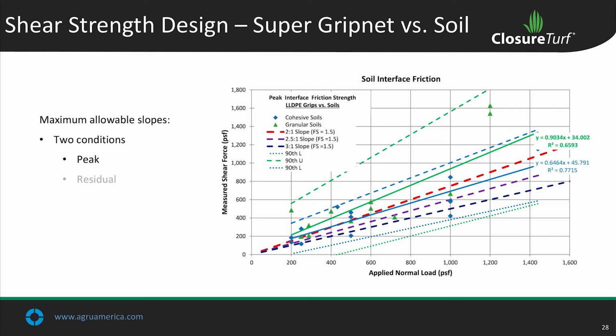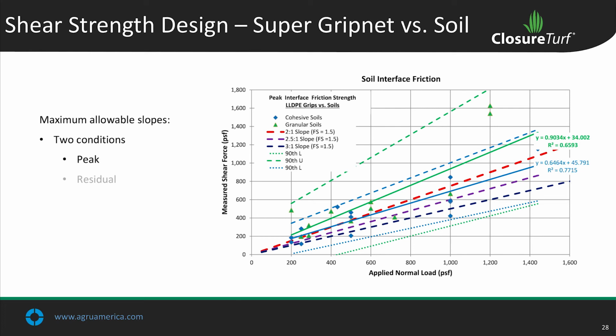Now, Super Gripnet versus soil. Again, we're going to talk peak and residual. What I've got shown here are data of Super Gripnet grip side, or the spiky side, the side that bites if you hold it in your hand, versus cohesive soils in the blue diamonds and granular soils in the green triangles.